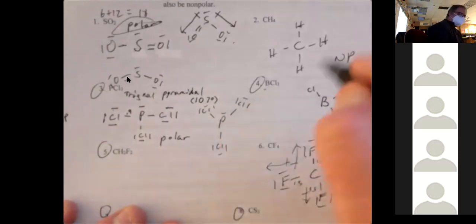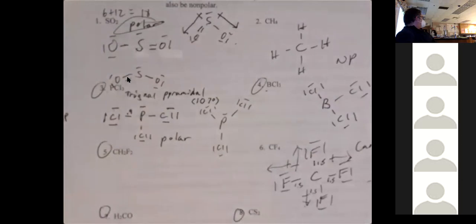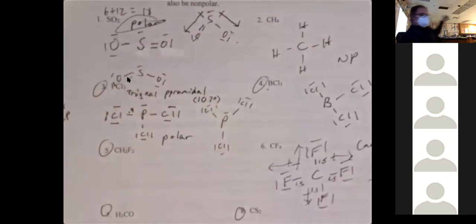We have 3 plus 21. This is 24 this time. 2, 4, 6, 8, 10, 12, 14, 16, 18, 20, 22, 24. Remember, boron is an exception. The boron actually is fine with just having 6 for its octet. It was one of the exceptions we talked about. So we have 1, 2, 3 bonds and 0 unshared pairs.